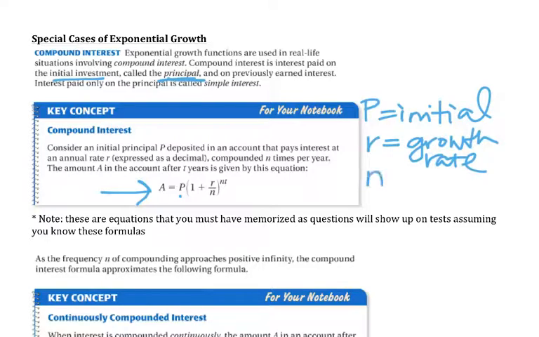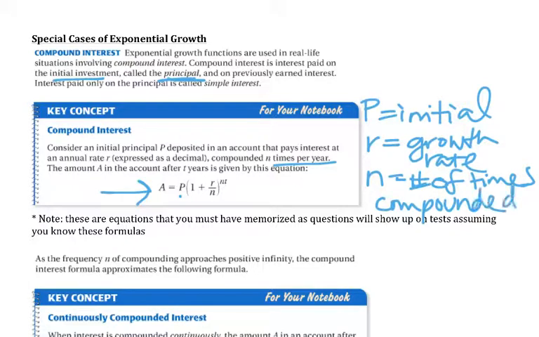The number of times per year it's compounded, or you earn interest on it, is n. So number of times compounded per year. And then instead of just having x, or just a t, we have the number of compounds times time.